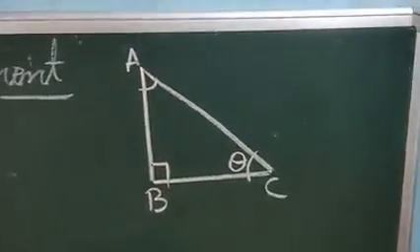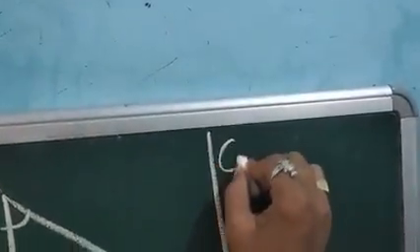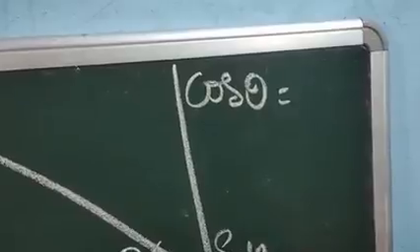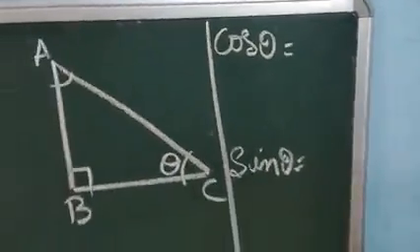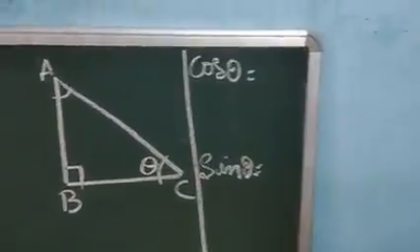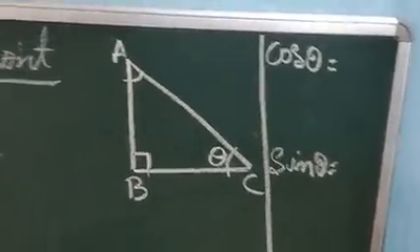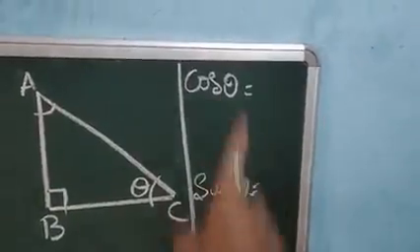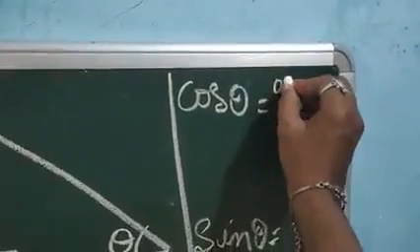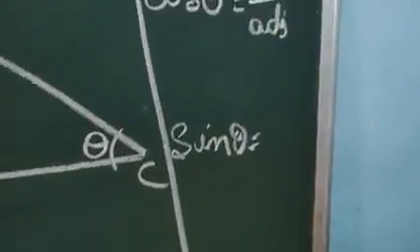For the area of a segment, you should know these two trigonometric ratios: cos theta and sin theta. Some other ratios are also there: tan theta, cot theta, secant theta, cosecant theta. All those we shall learn in detail in the Introduction to Trigonometry chapter. Here, for this problem's sake, you need to know these two ratios.